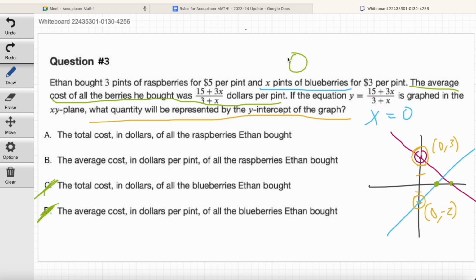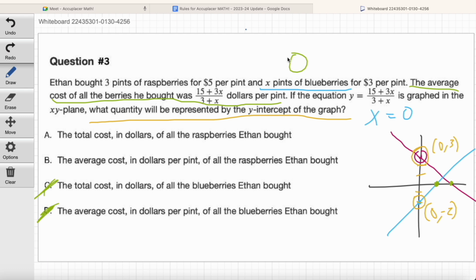The average cost, not the total cost, but the average cost. So it tells us in the question. So it's got to be B, because that expression, when x is 0, will give us the average cost of all the raspberries, because there's no blueberries. Does that make some sense?